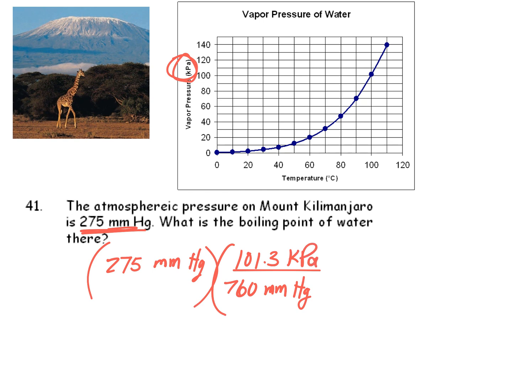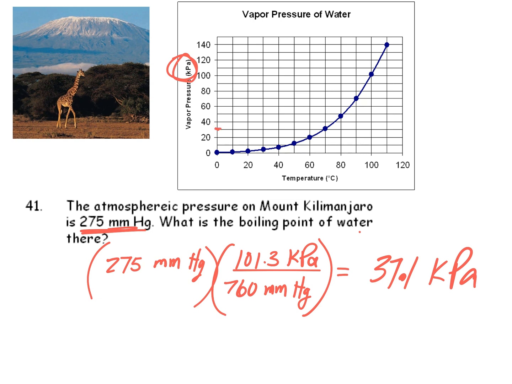That conversion factor you get on the test, and then we can convert our millimeters mercury into kPa. Let me grab a calculator and punch that in. 275 times 101.3 divided by 760, I get 37.1 kPa.